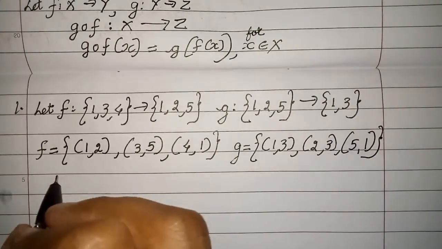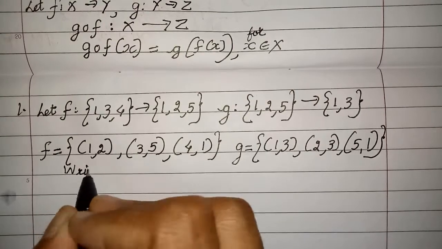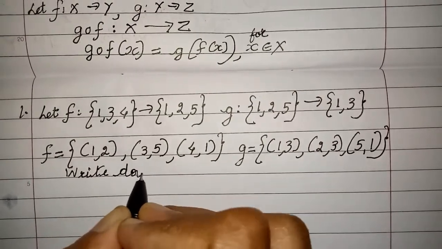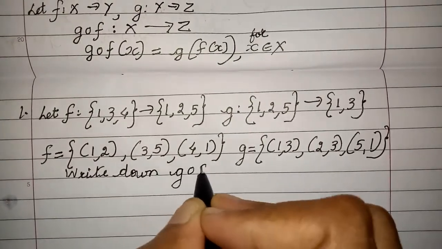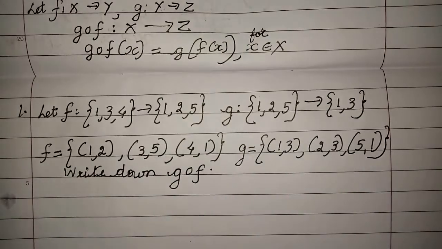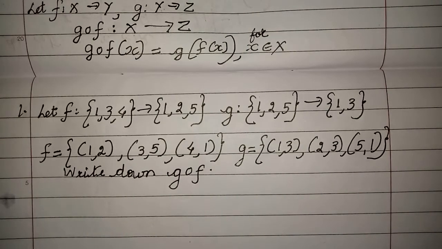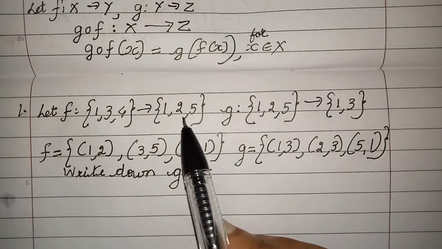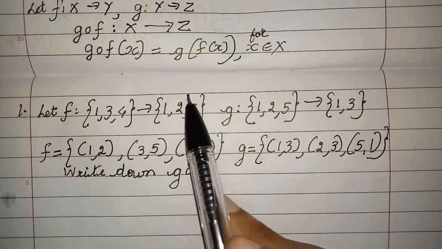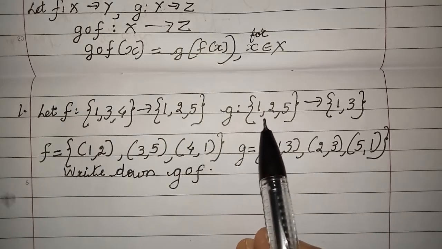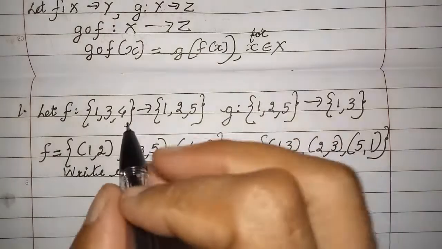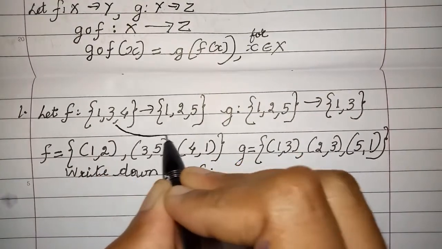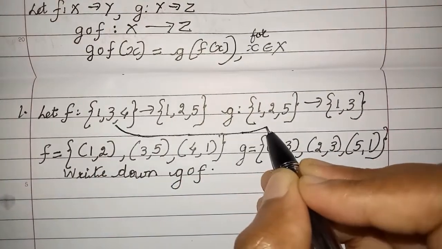Then let us write down what is g composite f. First, before that, we have to check, are we able to write g composite f? How do you check? You have to check, as I said, the codomain of the second function should be same as the domain of the first function. So this is very well happening here. So I will have my function h, which is g composite f.